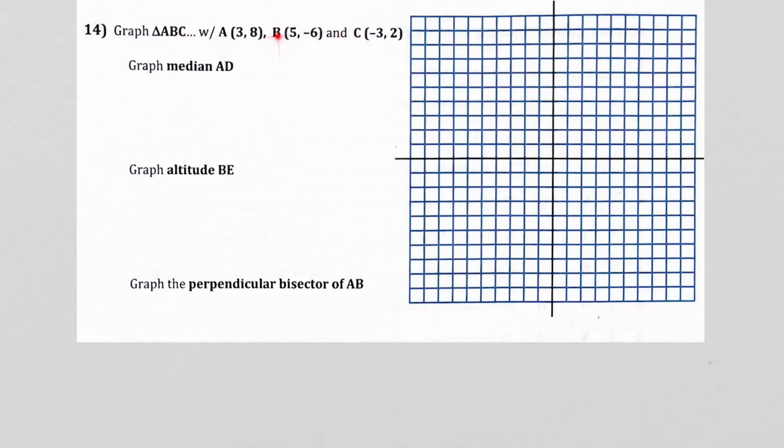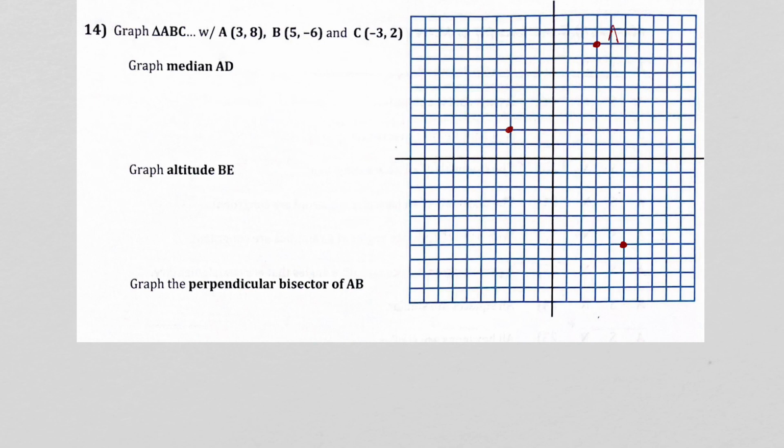Okay, let's start first by graphing this. So 3, 8, 3 to the right and 8 up is right here. That's point A. 5, 6, 5 to the right and 6 down is right here. That's point B. And negative 3 to the left and 2 up is right there.